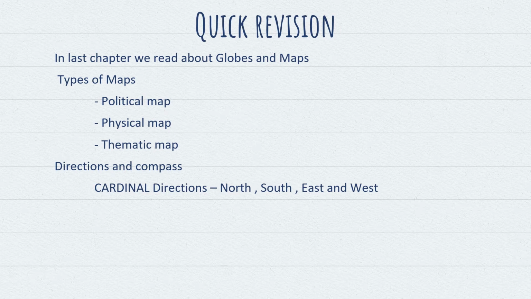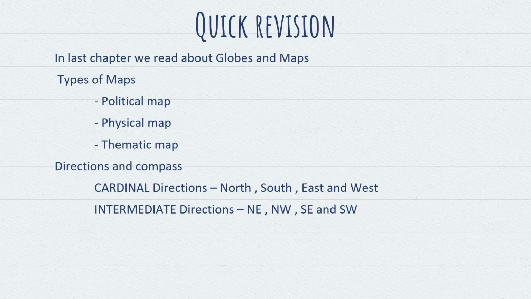Some directions lie between two consecutive cardinal directions, and these are known as intermediate directions. We have northeast, northwest, southeast and southwest as intermediate directions.